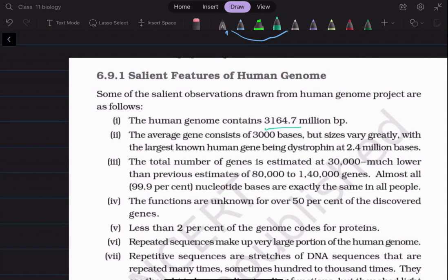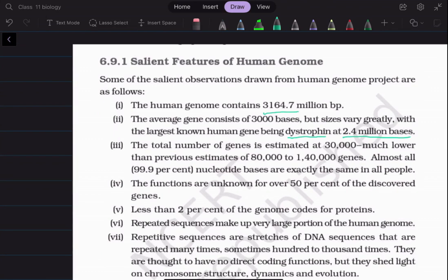So you can see about 3 billion base pairs. On an average, a gene would contain around 3,000 bases. And the largest gene in the human genome is the one coding for dystrophin. It's the dystrophin gene, which has about 2 million base pairs.